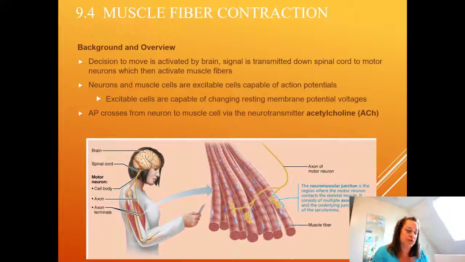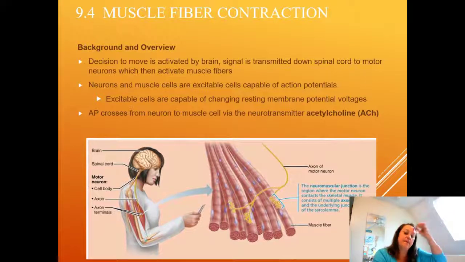What do I mean by voltage? I mean a change in the ion concentrations of predominantly sodium and potassium across the plasma membrane. Changing those ion concentrations is like electricity. It's called an action potential, and it's going to change the voltage across the membrane.